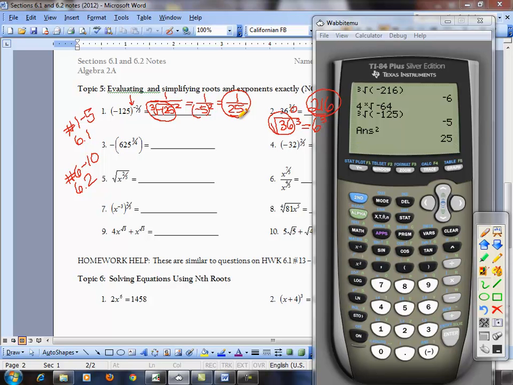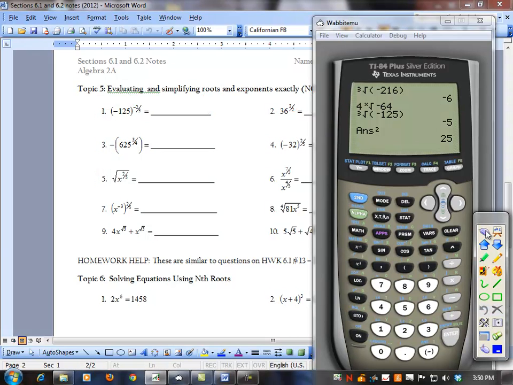Okay, so let's look at our calculators, because let's be honest, most of us are going to. In number 3, I'm going to plug this in directly as it's shown, okay? So I'm going to start with, as I go through this, negative and then parentheses, 625, and then I got to raise an exponent. Now, because my exponent is a fraction, I'm going to need to put that in parentheses as well. So 3 divided by 4. Close that.